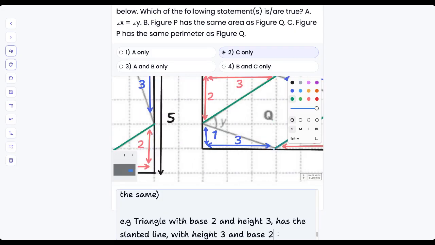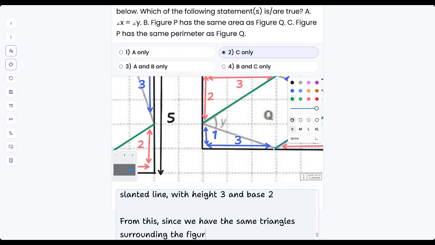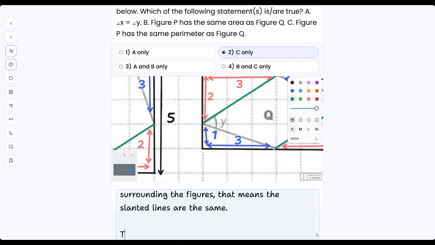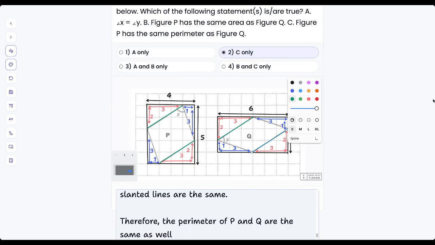So that means since we have the same triangles surrounding the figures, the slanted lines are the same. Therefore, the perimeter of P and Q are the same as well. All right, so I'm not a big fan of this kind of questions, but essentially that's it lah. So that's how I explain this question. All right, let's move on to the next question.